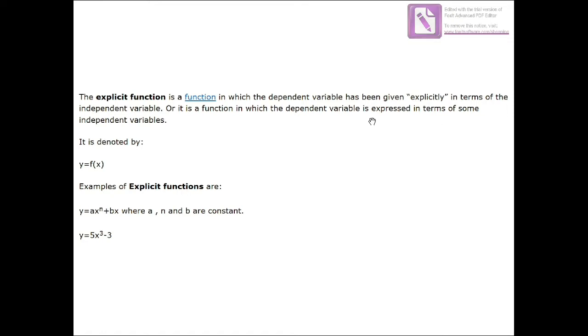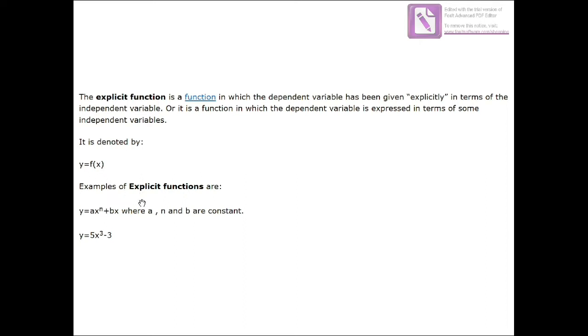The explicit function is a function in which the dependent variable has been given explicitly in terms of the independent variable, or it is a function in which the dependent variable is expressed in terms of some independent variables. And it is denoted by y = f(x). So if you have a function y = f(x), this function is an explicit function.